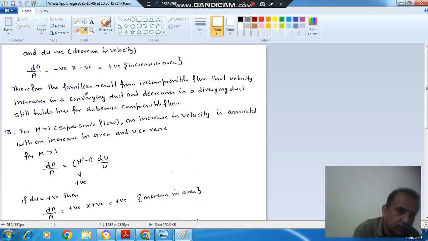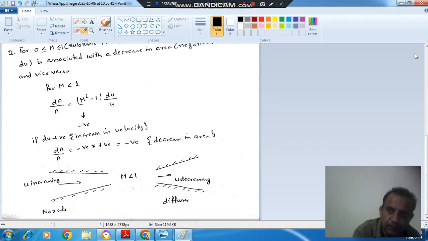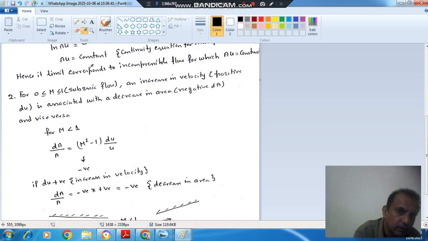So therefore, these are familiar results from incompressible flow. In incompressible flow, like in a Venturi, if area increases, then velocity decreases. If velocity decreases, area will increase, and vice versa. This is because we have seen that in incompressible flow, AU is constant. If U increases, A decreases. If A increases, U decreases.